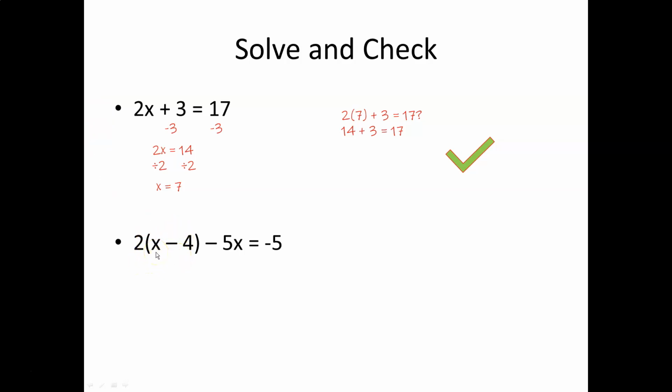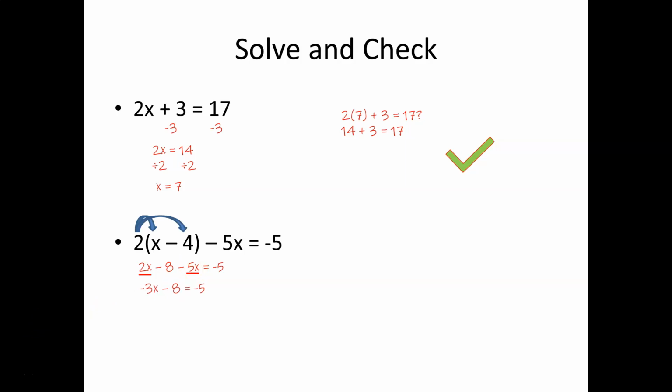We need to get that x, so we're going to distribute. We're going to multiply the 2 times the x and the 2 times the negative 4. Then we have some like terms we can take care of. Because they are on the same side of the equal sign, we can combine the 2x and the negative 5x.